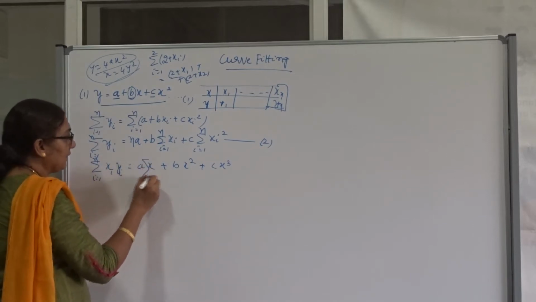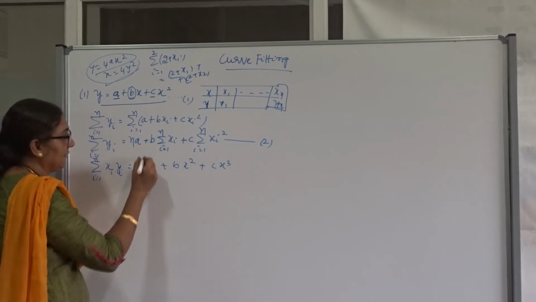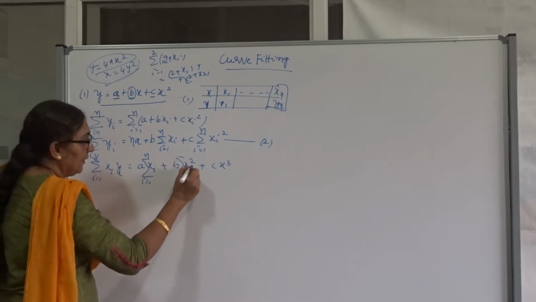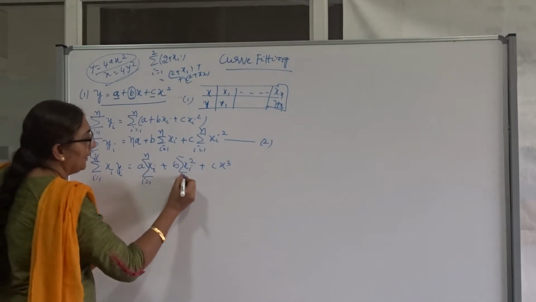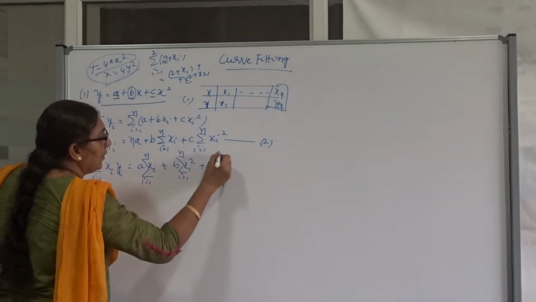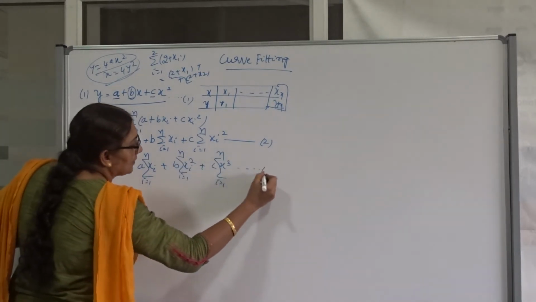Take the summation of the first term plus the summation of the second term plus the summation of the third term. While taking summation, a is a constant, so keep it outside, because the only values in the table are x and y. i ranging from 1 to n. Here also summation i ranging from 1 to n. Okay. This is another normal equation.